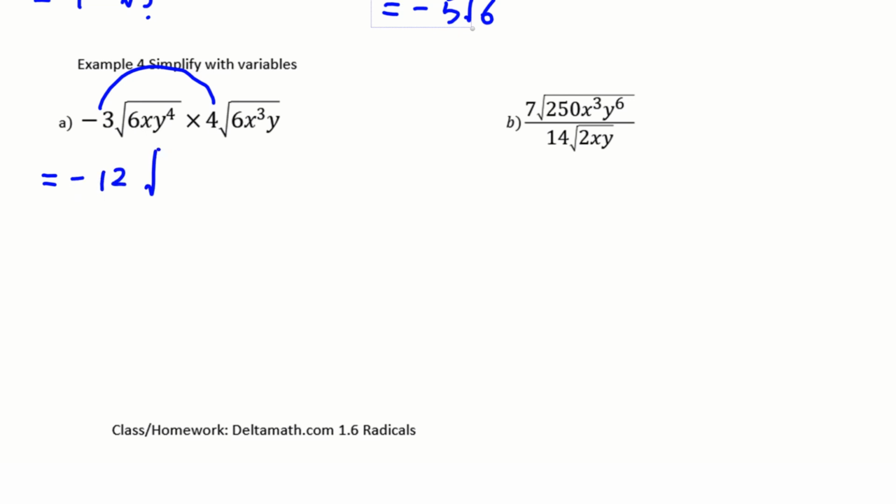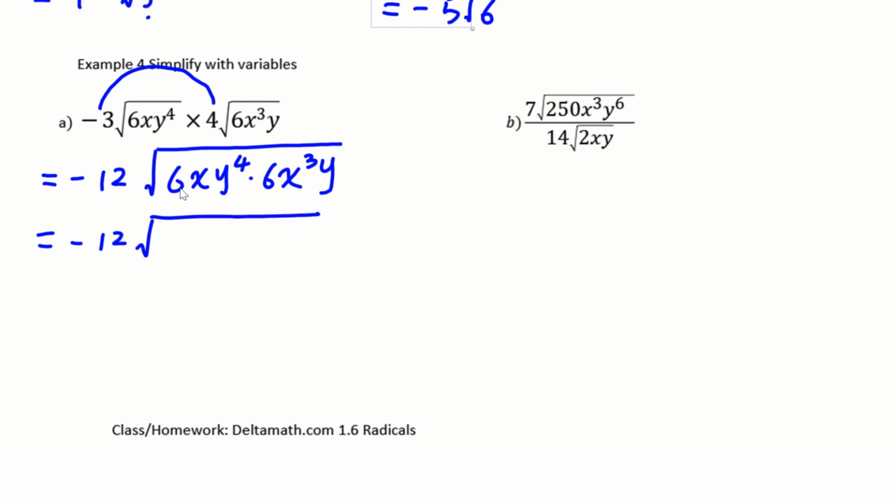Then under the radical sign, we multiply these two radicals together. Then we have negative 12 square root. 6 means 6 squared. For the x, 1 plus 3 is multiplication, the degree 8. 1 plus 3 is 4.